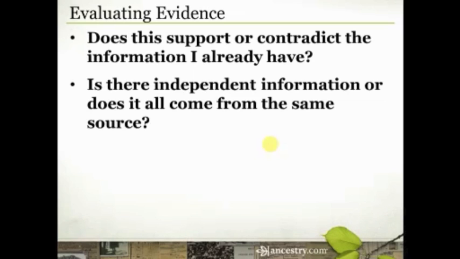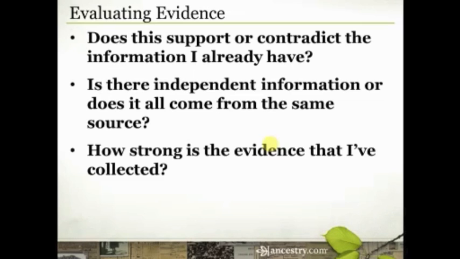And then maybe it was his mother or his sister that was the informant on the death certificate, and maybe she knew something that his wife didn't, or vice versa. So just because multiple pieces of documentation have the same information doesn't give it more weight, right? You have to think about who provided that information.